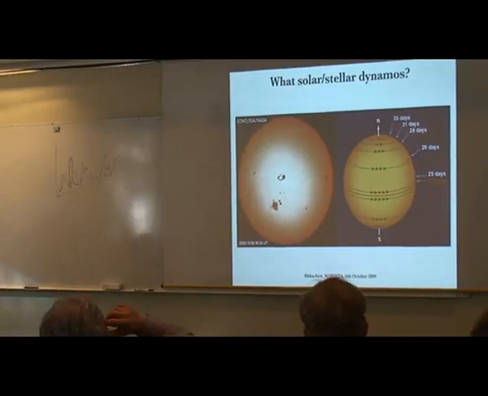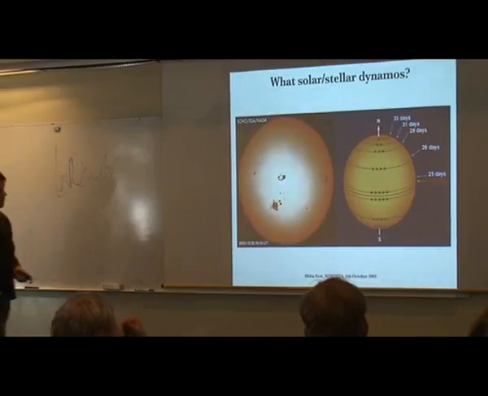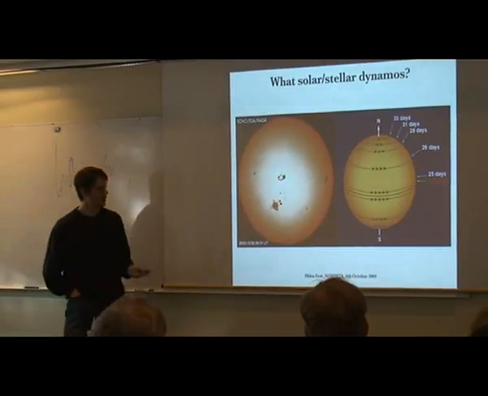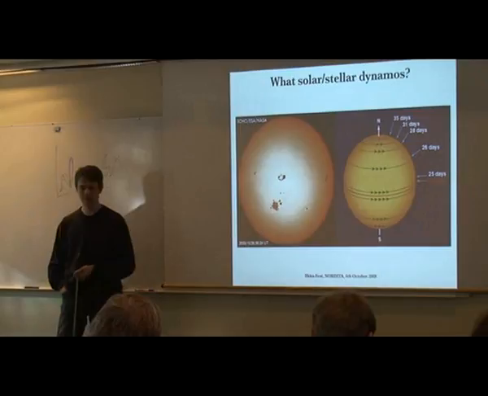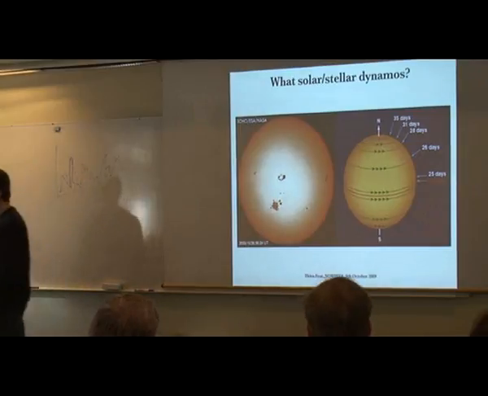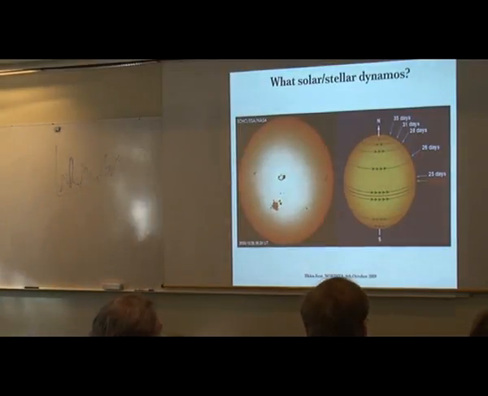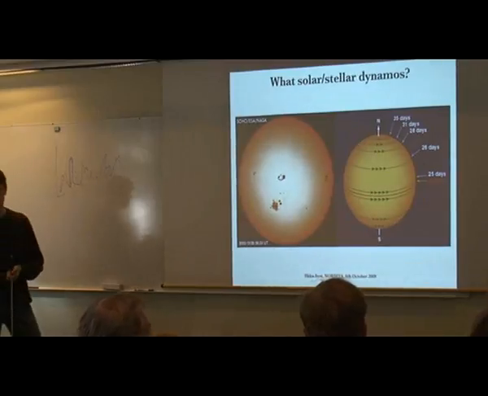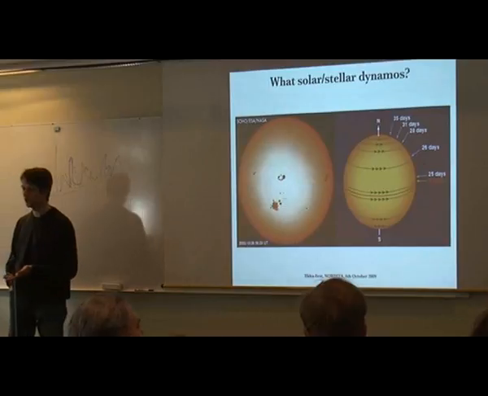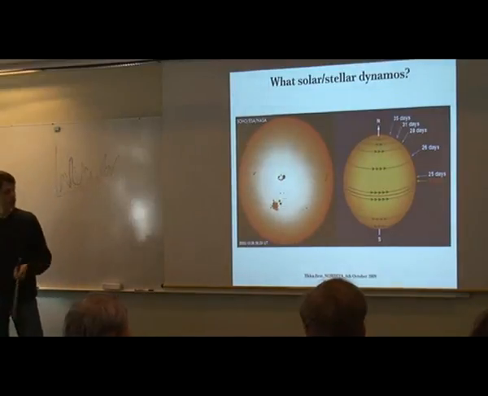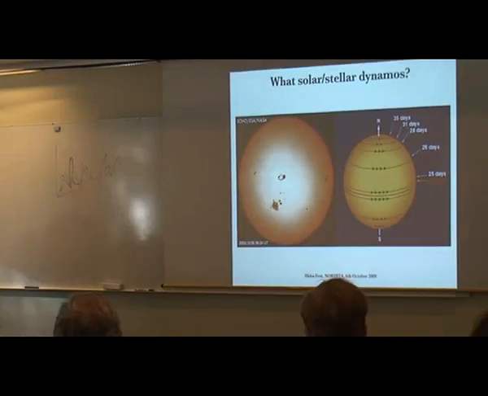So what we really need is spherical geometry, and what we then can, in principle at least, get in this geometry is a more realistic representation of the differential rotation. Because in the local models we always have to impose this externally, but when we go to spherical geometry we can, at least in principle, generate this self-consistently.